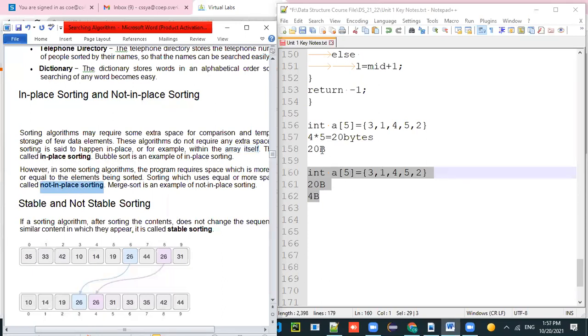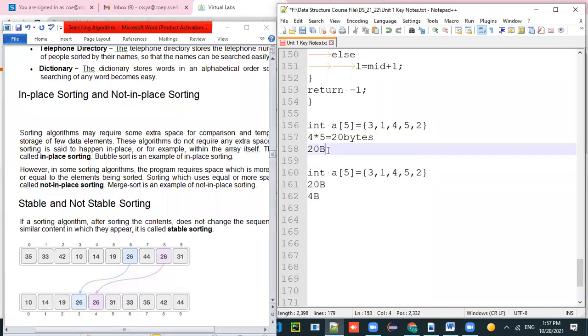Now, did all of you understand the concept? If the algorithm does not use or require any extra space for sorting, it is called in-place sorting.